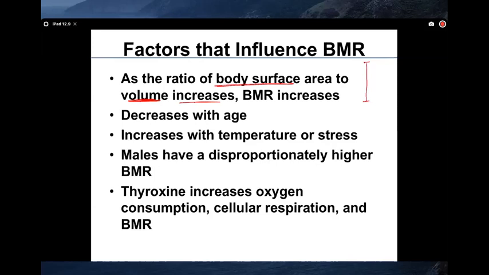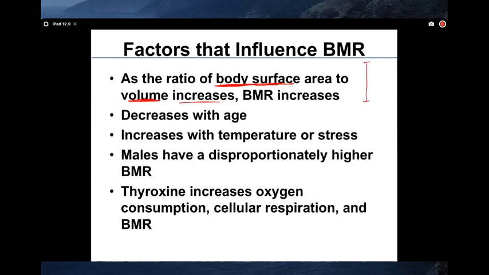So having a higher body surface area, a larger body form, will be a major factor in determining the basal metabolic rate, which is the energy required to just sustain the essential body activities.